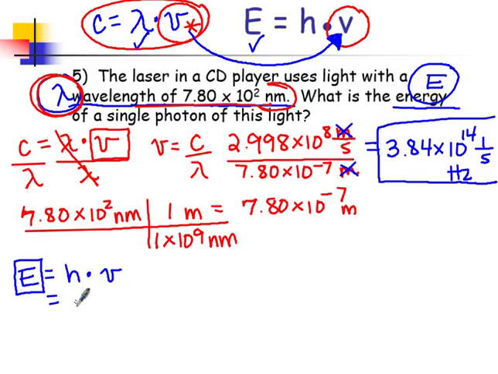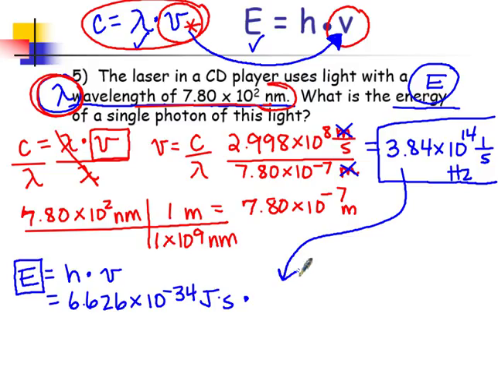I plug in my Planck's constant of 6.626 times 10 to the negative 34th joule seconds. And then I multiply that by the frequency. So it's going to come down here. 3.84 times 10 to the 14th, 1 over seconds.